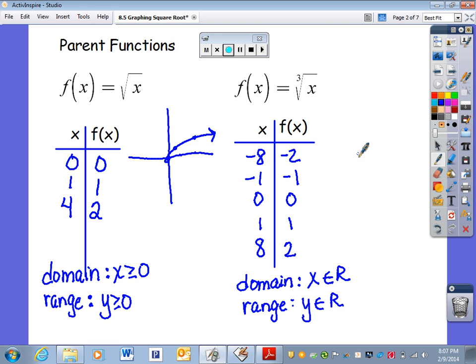And if we take a look at a quick sketch of our cube root parent function, and if we estimate, we'd have negative 8, negative 2, negative 1, negative 1, 0, 0, positive 1, positive 1, and over to 8, positive 2. Our basic cube root function as our parent function looks something like that.